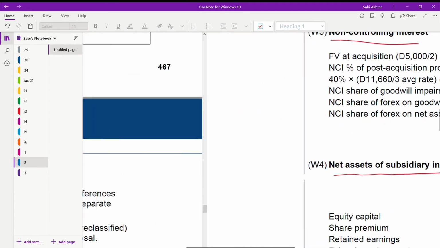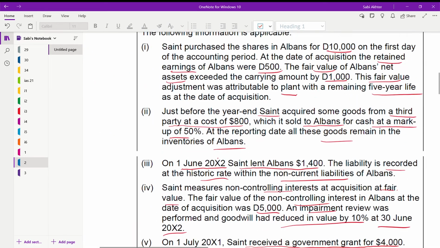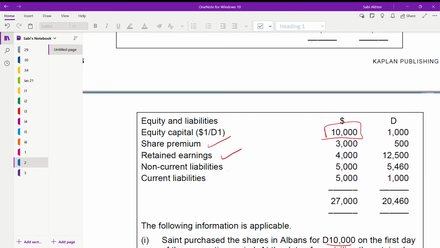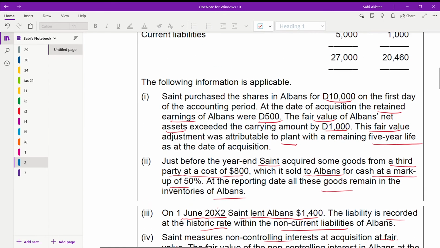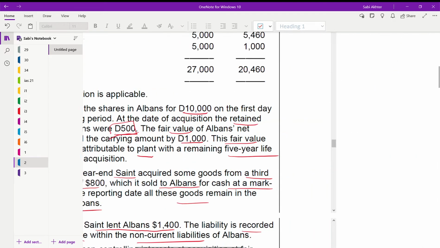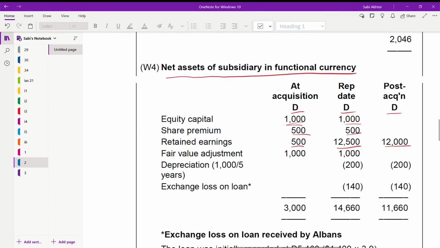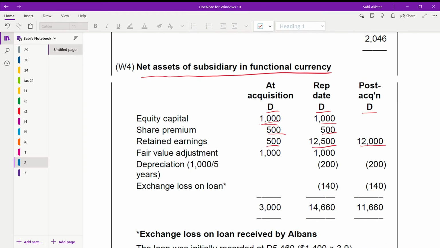Let me take you to retained earnings. So if you see this retained earnings 12,500, this is at the reporting date. What is given here, this 500 is at the date of acquisition. In case you get confused why and from where we got fair value adjustment, they told that increment is fair value adjustment.